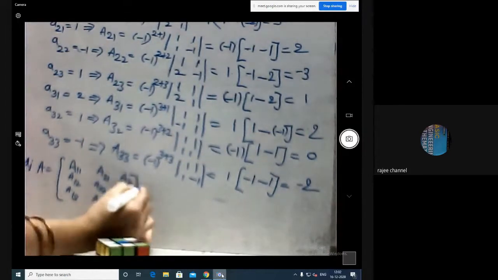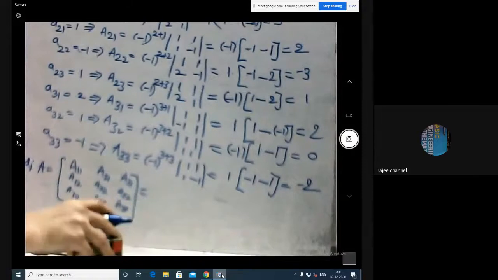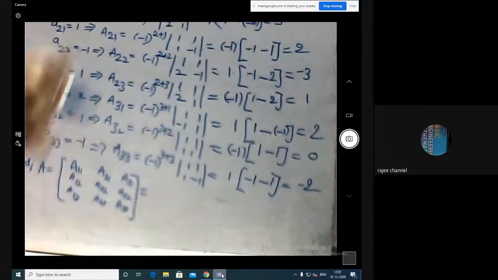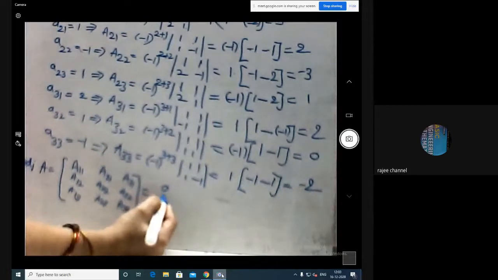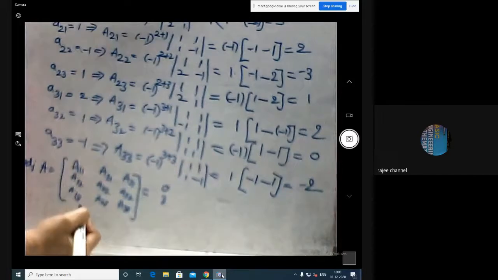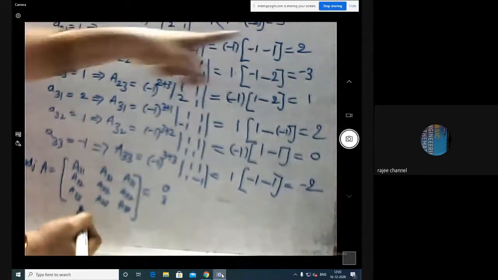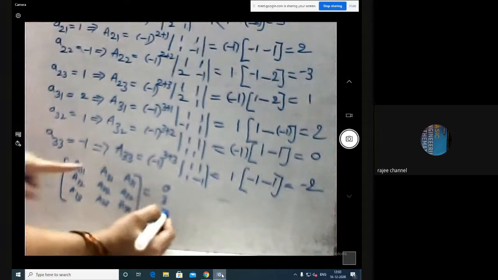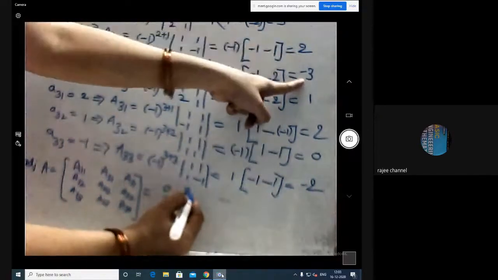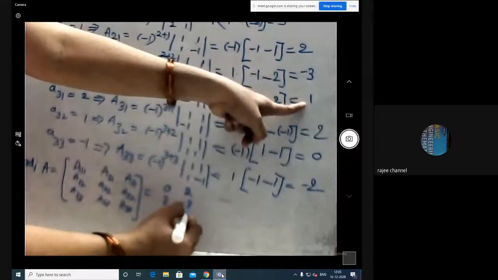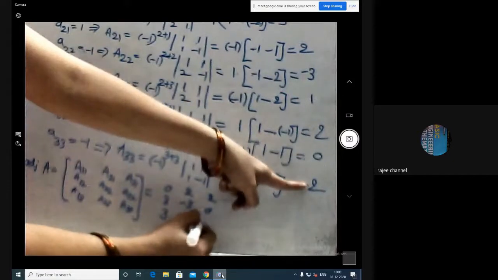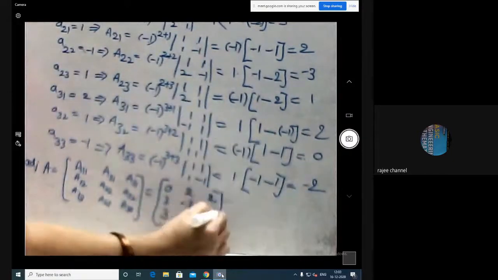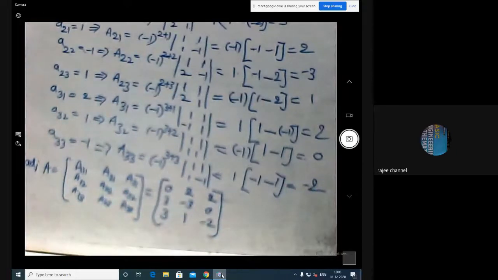So all values we are substituting. First A11 is equal to 0. A12 value is 3. A13 is 3. Next A21 equal to minus 3, A22 equal to minus 3, A23 equal to 1. A31 is equal to 2, A32 is equal to 0, A33 is equal to minus 2. This is adjoint A. Now we can find the determinant A value.